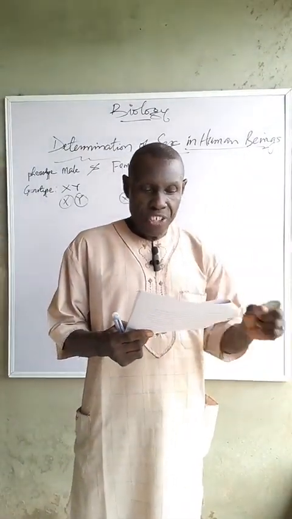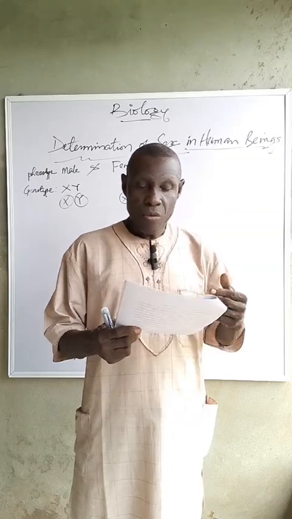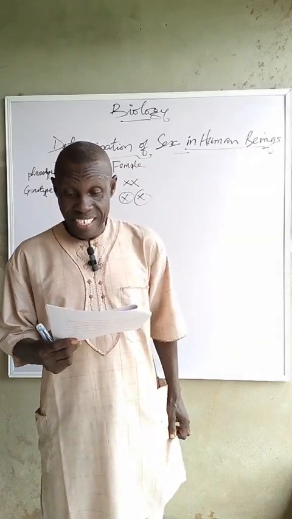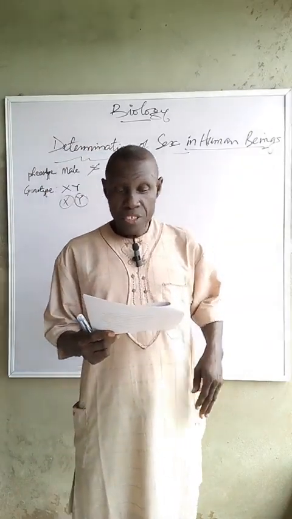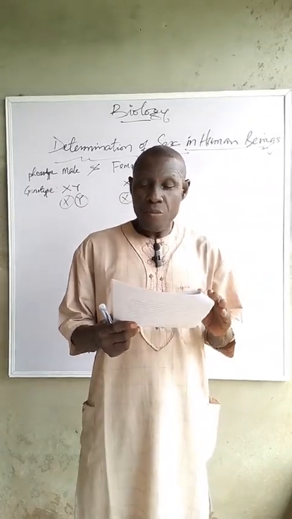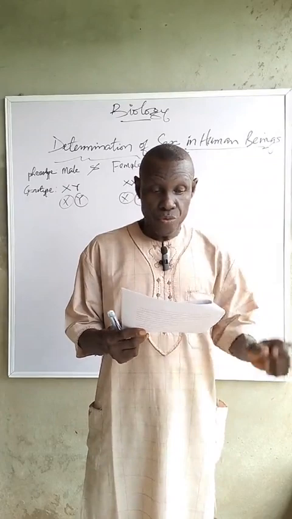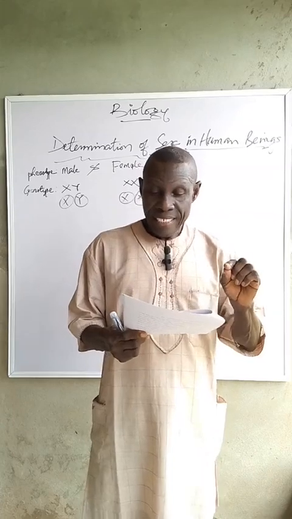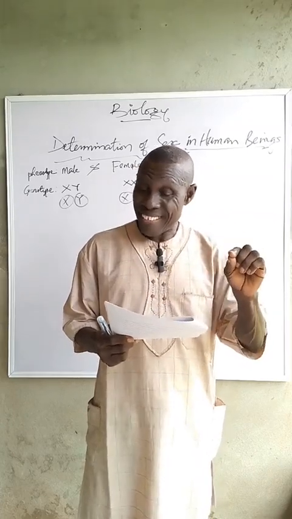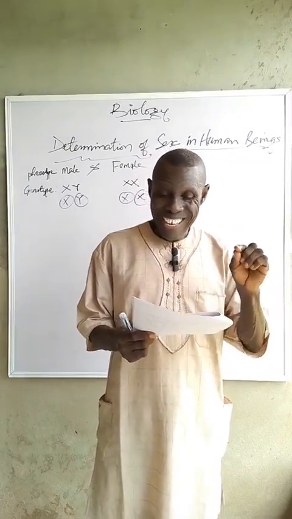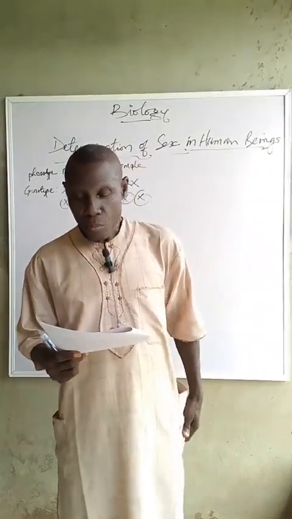Because of reduction division or meiosis, which takes place at gamete formation, which is known as what? Gametogenesis as a process. The number of chromosomes is halved, and it's divided into two. In a normal human being, there are 23 pairs, that is 46 chromosomes in each cell.